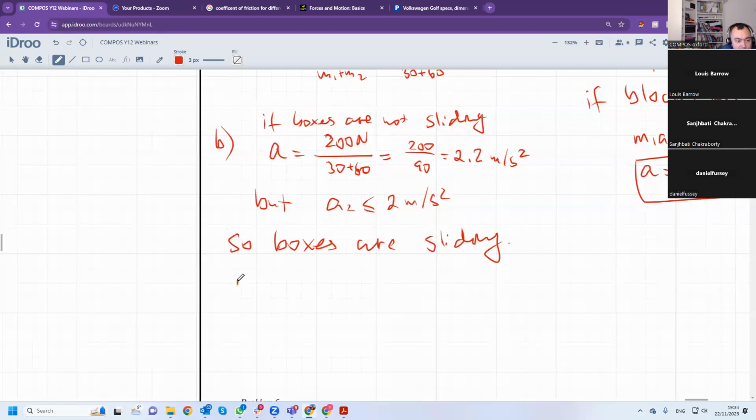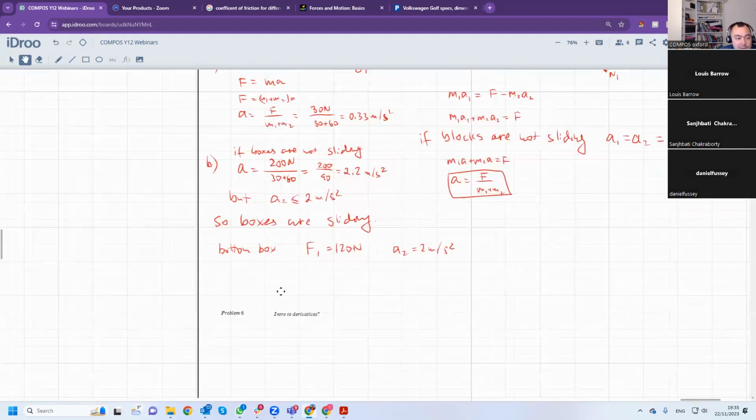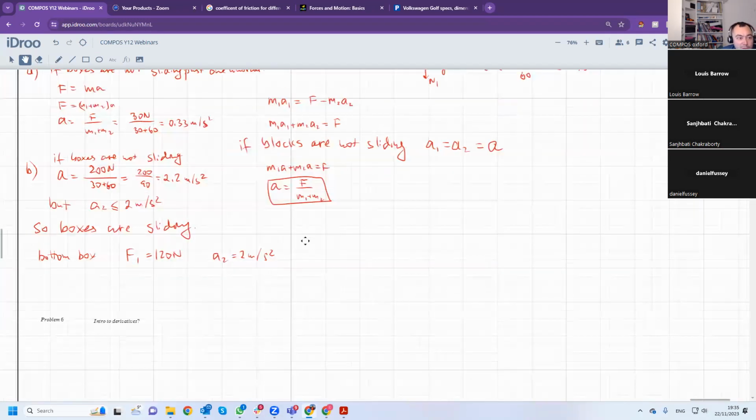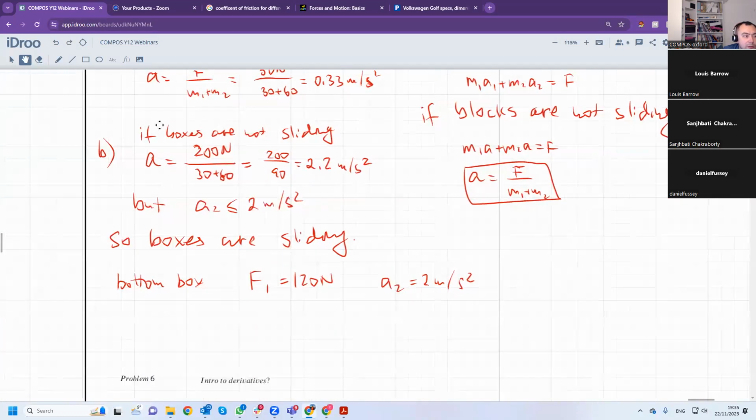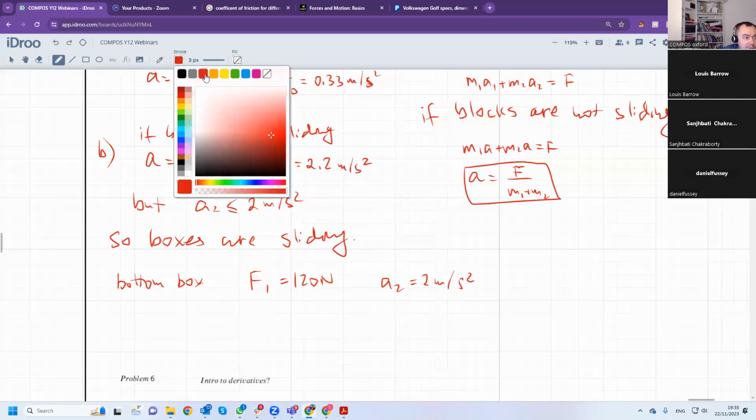For the bottom box, F1 is 120 newtons, so acceleration 2 is 2 meters per second squared, because that's the only force. The boxes are sliding past one another. For the top box, I'm going to use a different color.